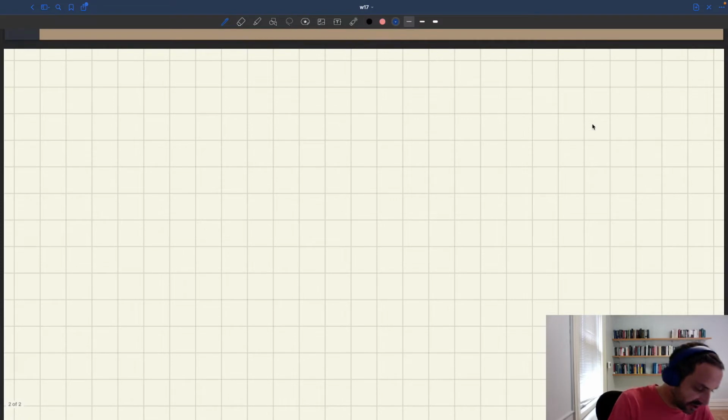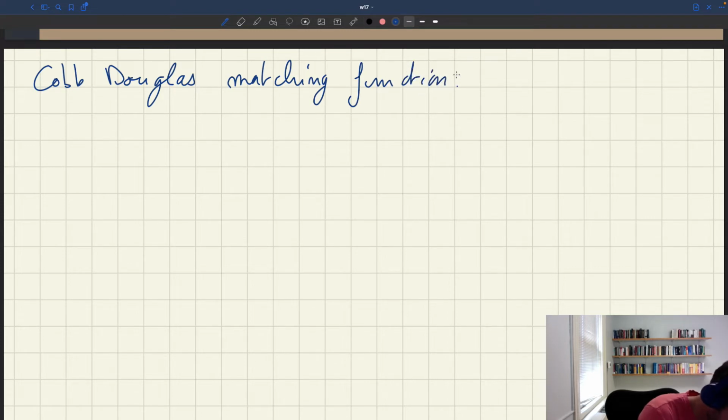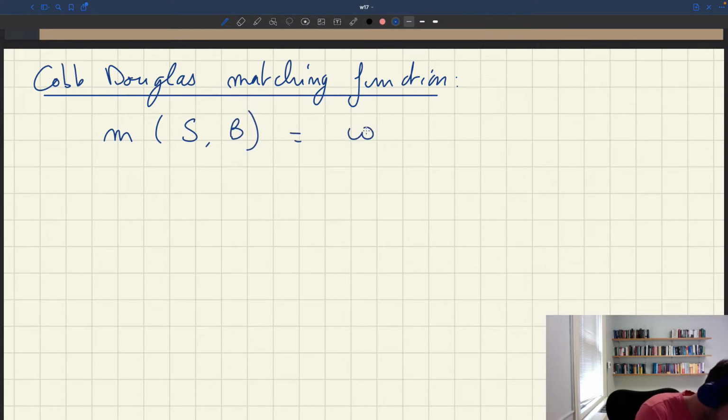So we saw the Cobb-Douglas matching function. If you have a number of sellers S, a number of buyers B, omega, which is the matching efficacy, S to the power of eta, where eta is the matching elasticity, times B, the number of buyers, to the power of 1 minus eta.